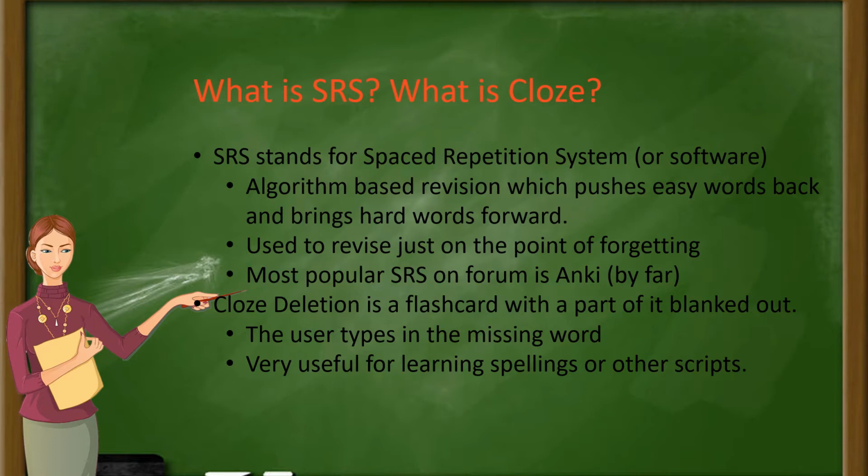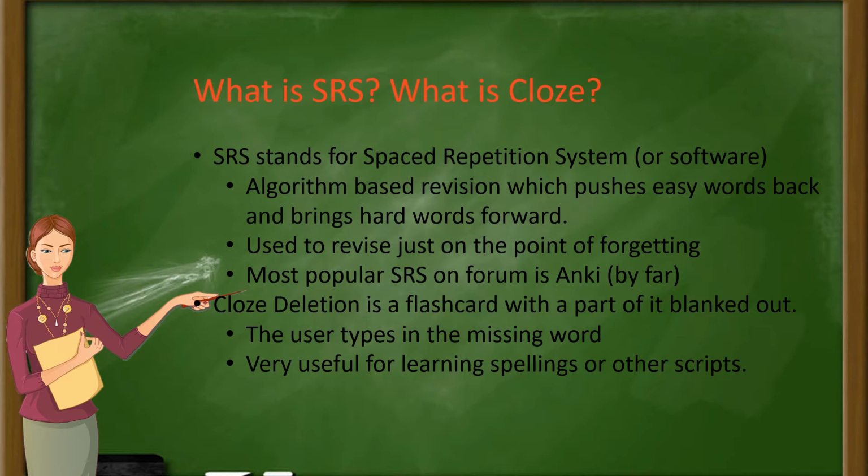Now, most computer or phone applications are based on algorithms which will give you the card to revise just as you're about to forget it. Easy words, again, are pushed further and further back, but more difficult to remember words appear more frequently. And this is one of the issues people find with SRS applications like Anki, because in effect it becomes a torture machine because it's only showing you the difficult stuff.